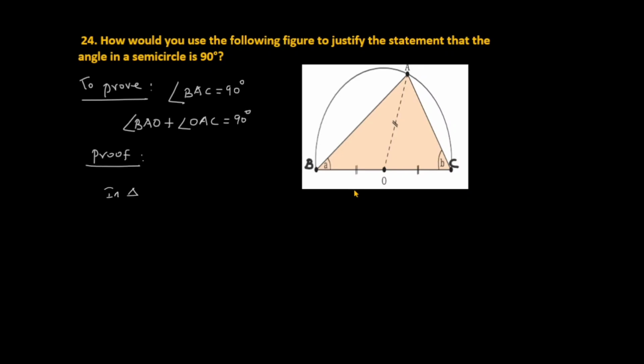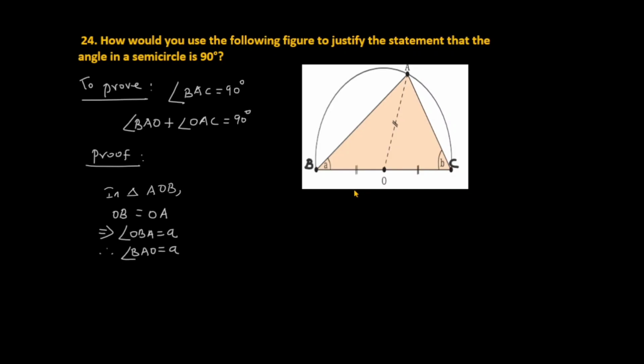In triangle AOB, OB is equal to OA, both are radii of the circle, which implies angle OBA is A. Given here, angle OBA is equal to A. If the two sides are equal, opposite angles are equal.